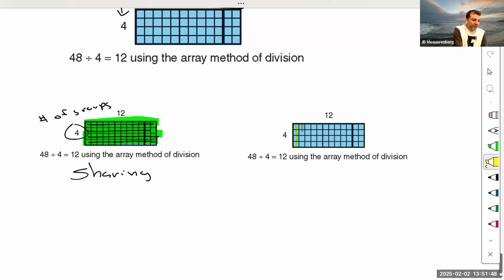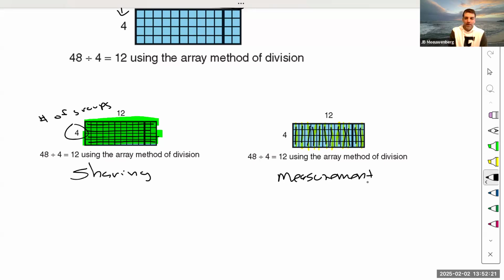There's 4 here, 4 here, 4, 4, 4, and you just kept stacking groups of 4 until you ran out of those little unit squares. So in that case, you're sort of looking at them vertically, right? 1, 2, 3, 4, 5, 6, 7, 8, 9, 10, 11, 12. And then which of the concepts is that? That's the measurement concept.